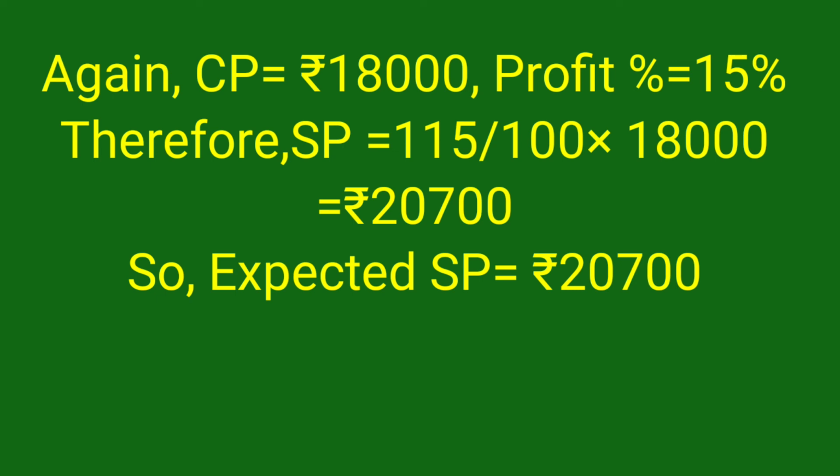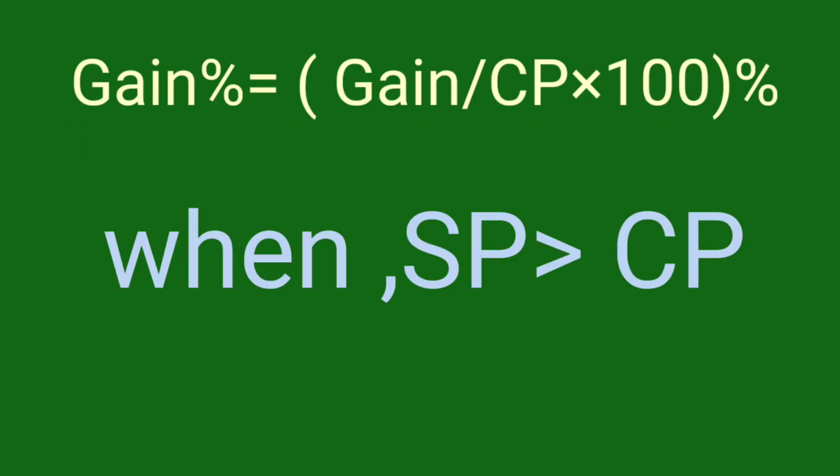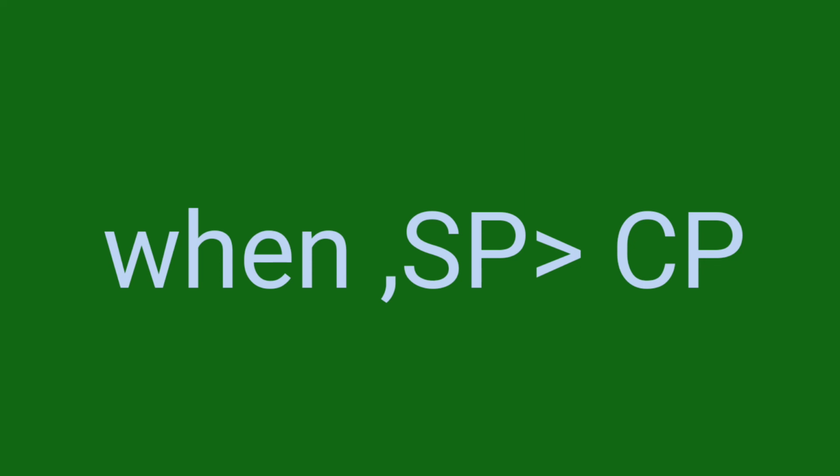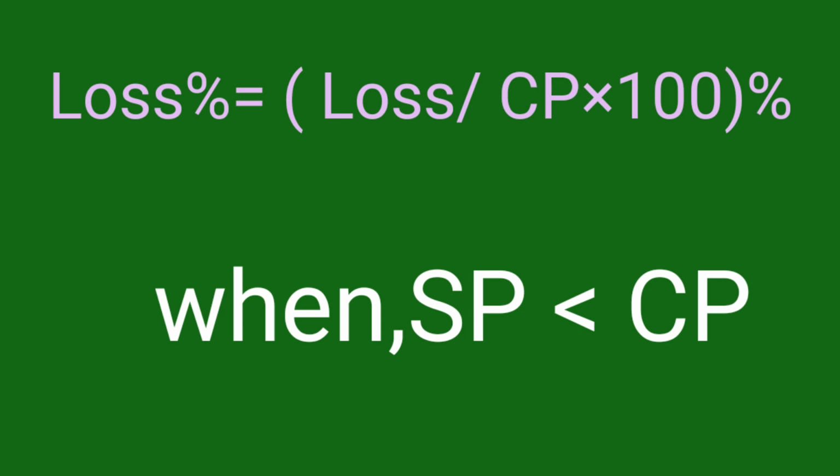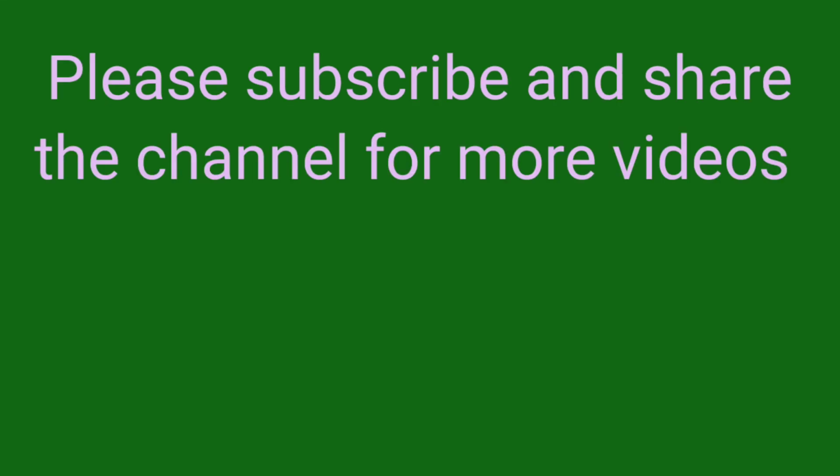So 20,700 is the expected price you wanted to get. Remember, when you want to find the gain percent or profit percent, you have to calculate the gain and thereby put the ratio. In case of gain percent, SP is always greater, but in case of loss percent, SP is always lesser.